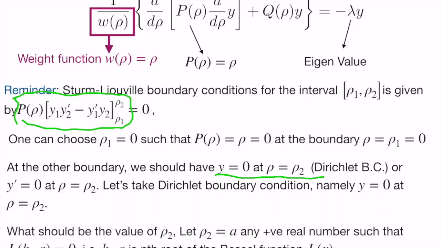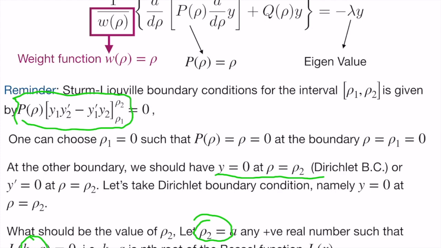In order to satisfy this boundary condition, the easiest way, as we have done in the earlier case, is to simply find the roots of the Bessel function J nu and scale them to your problem, such that all the values of k nu alpha are scaled to rho 2 equal to a.